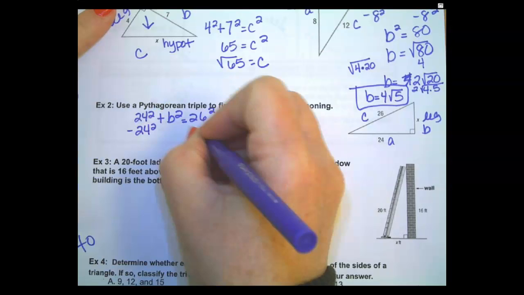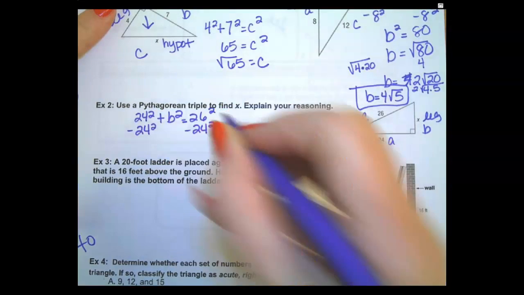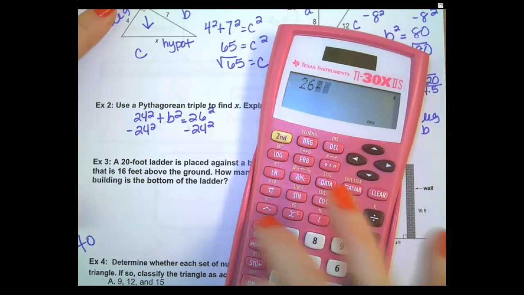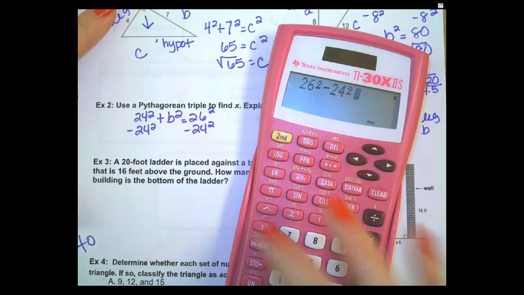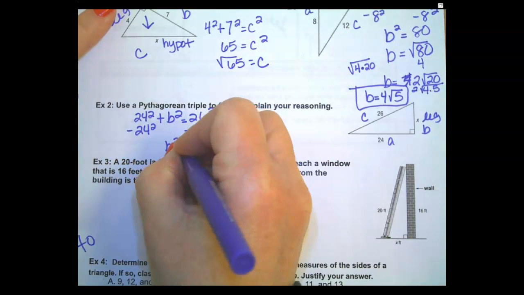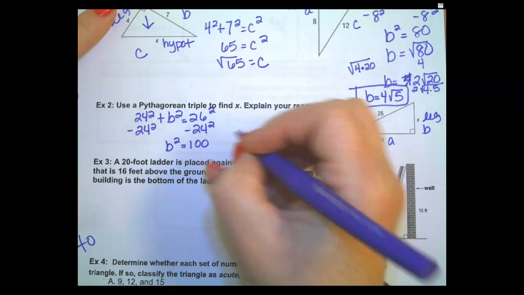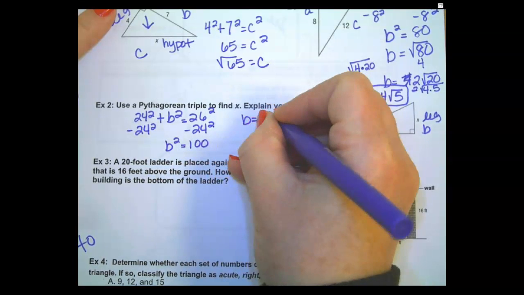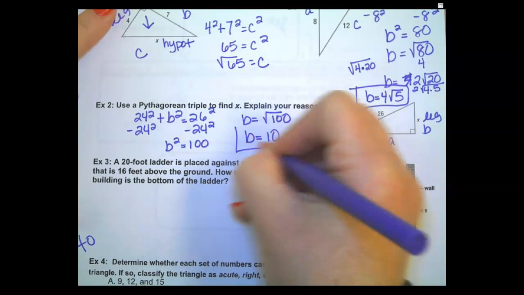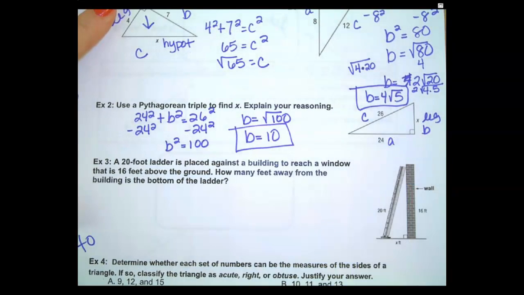Subtract 24 squared. So b squared is equal to 100. Thank goodness this one's easy. B is equal to the square root of 100. So b equals 10. Is it b or x? Same thing.